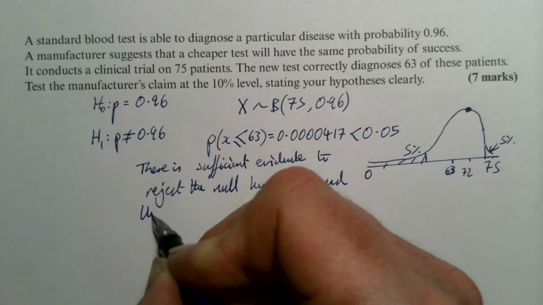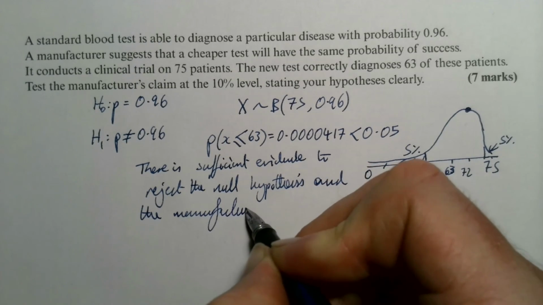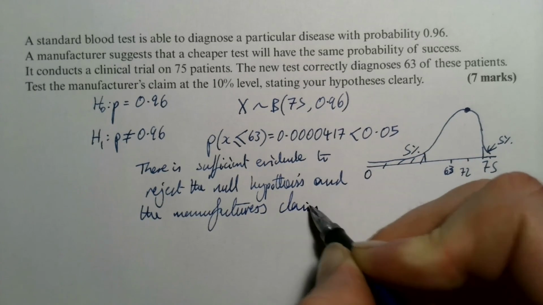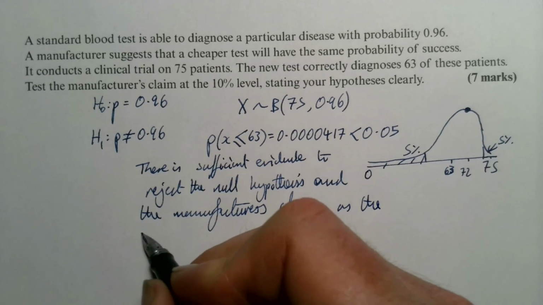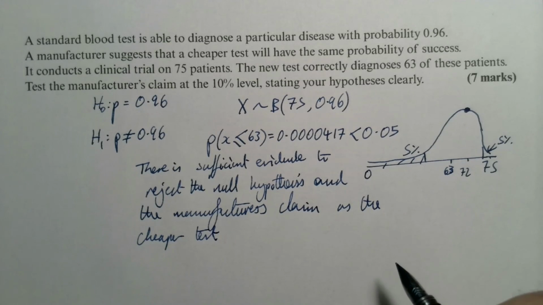and the manufacturer's claim as the cheaper test, and, strictly speaking, all you have to say is it does not give the same level. You don't have to say it's worse, but it clearly is worse.